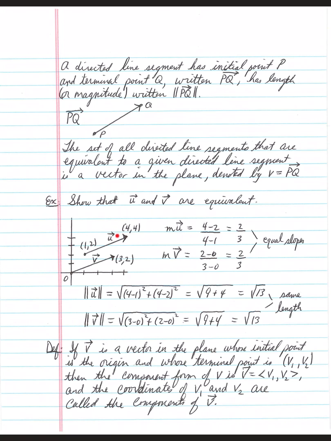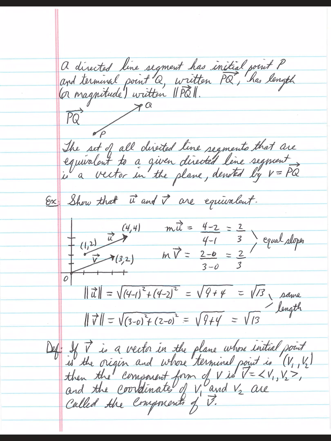The slope of vector u, we're going to use y2 minus y1 over x2 minus x1. So that is 4 minus 2 over 4 minus 1, and that works out to 2/3. That vector rises 2 and runs 3. Vector v, 2 minus 0 over 3 minus 0, has the same slope.